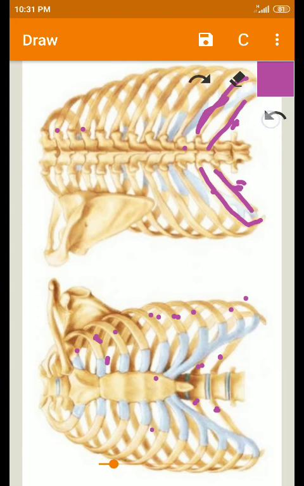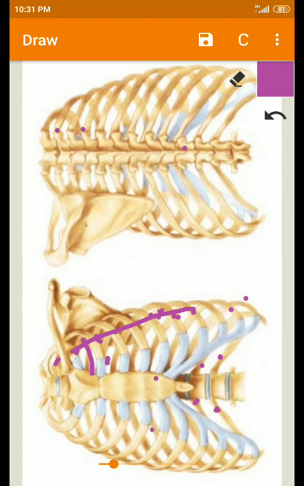So how many pairs of ribs are there? We have 12 pairs of ribs, out of which the upper 7 are called true ribs because they attach with the vertebrae as well as the sternum. These are called vertebrosternal ribs.